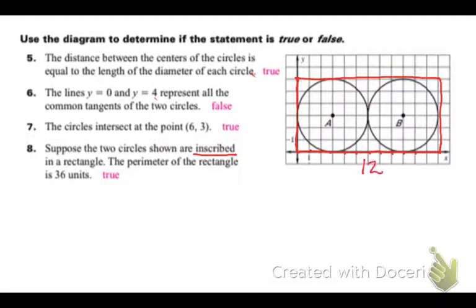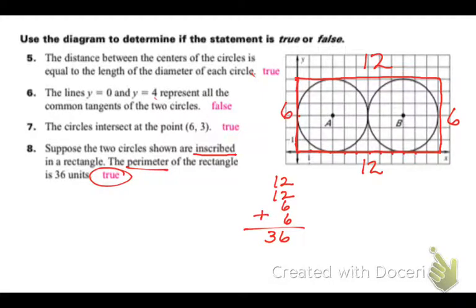So the length of that one is 12, length of this one is 12, and on the y-axis is 1, 2, 3, 4, 5, 6. So this length is 6, this length is 6. So the question is, is 12 plus 12 plus 6 plus 6 equal to 36? And yes, it is. So the perimeter statement is true.